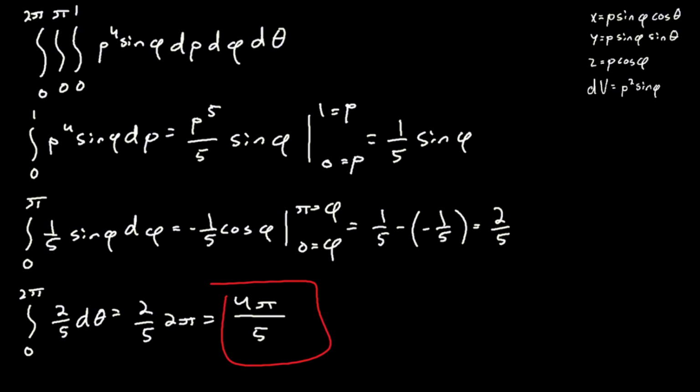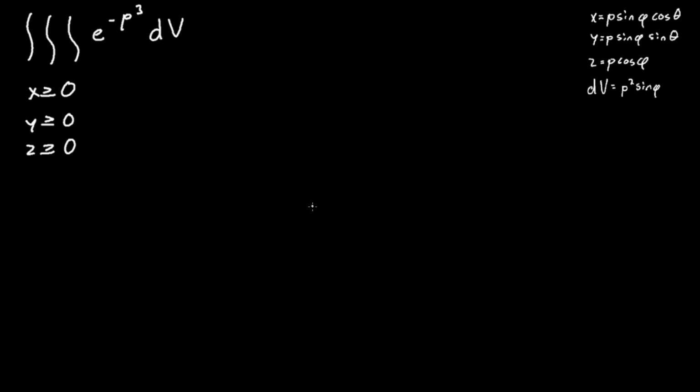So what we learned from this, keep in mind, x squared plus y squared plus z squared is equal to p squared. If you ever see that and you're integrating with spherical coordinates, turn it into p squared. Super easy. For this next problem, our integrand is already in spherical coordinates.